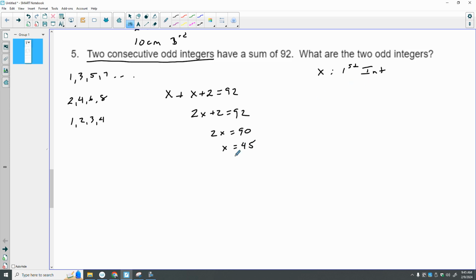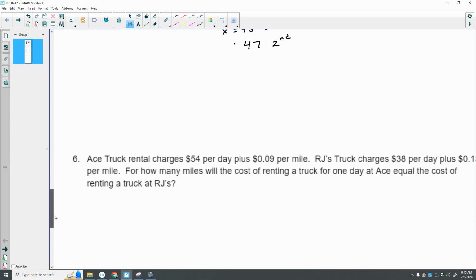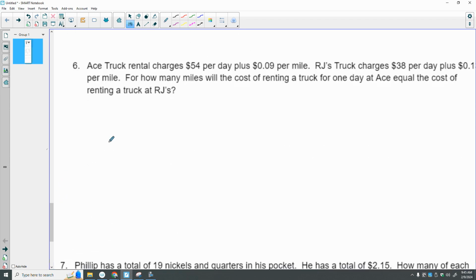If my first integer is 45, my second integer is 47. Is 45 plus 47 equal to 92? Yep. Okay. Hit pause, give it a try.